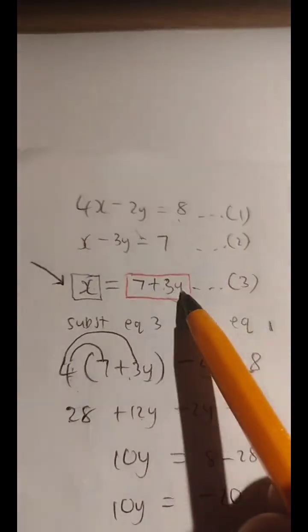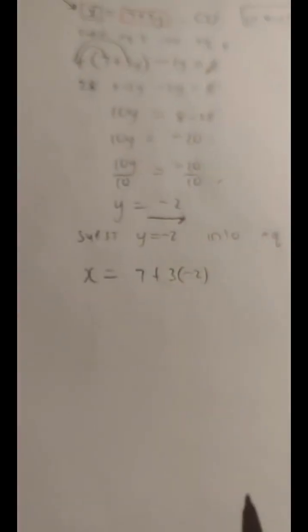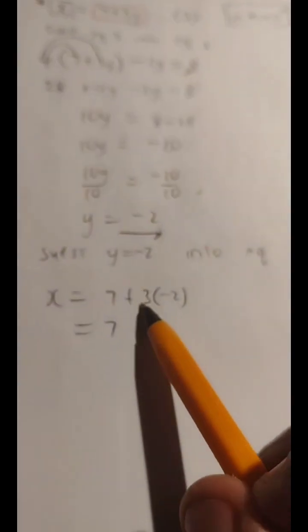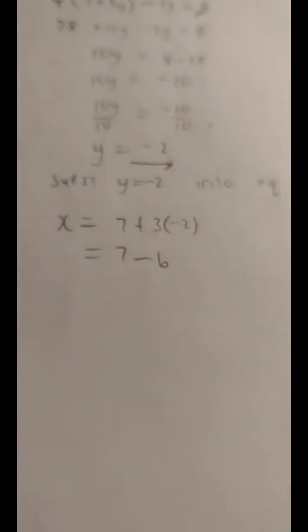So we are going to write x is equal to 7 plus 3. In the place of y, you write negative 2. Then you solve for x. 7 plus 3 times negative 2 is negative 6.